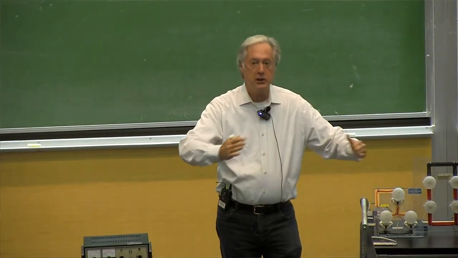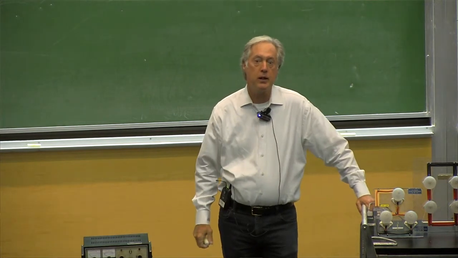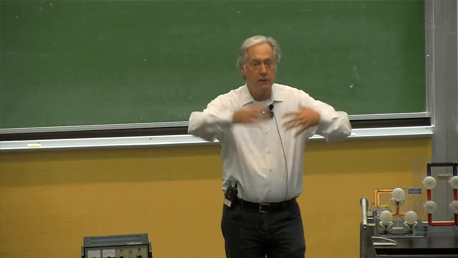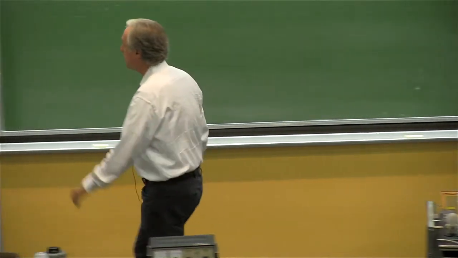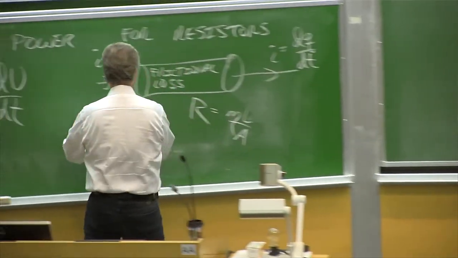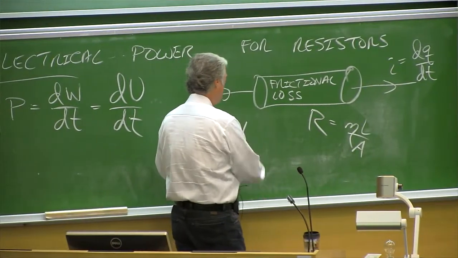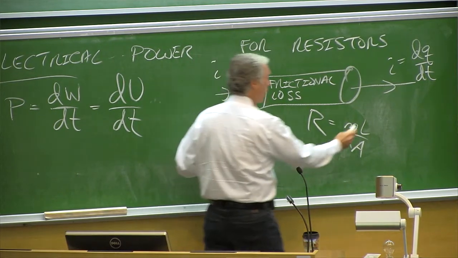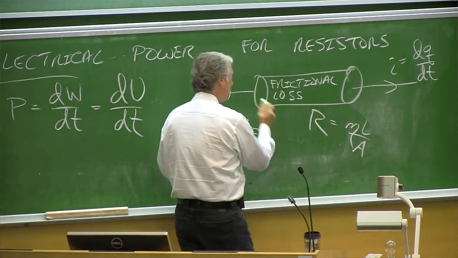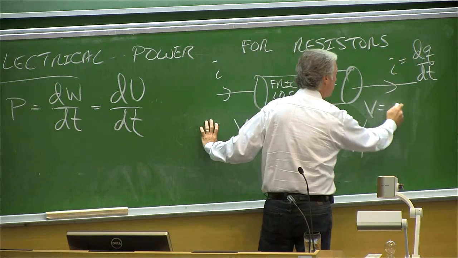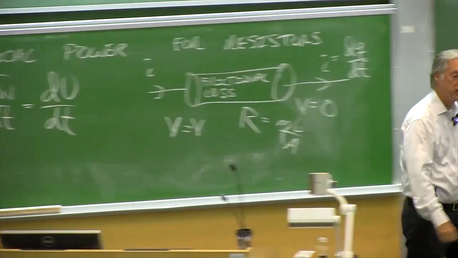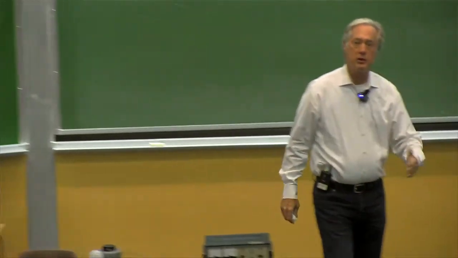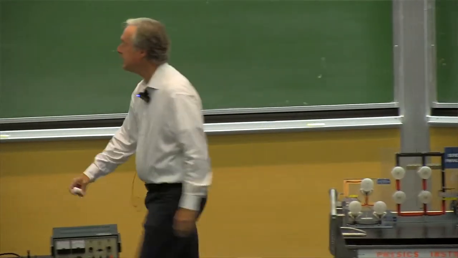Then as the friction dissipates the energy we've got, what happens to it? It goes off as heat, as we discussed. So if we're at some voltage that's higher here, and it's at a reduced voltage on the other side, there's a drop in voltage, a delta V, okay? There's a delta V across the resistor.